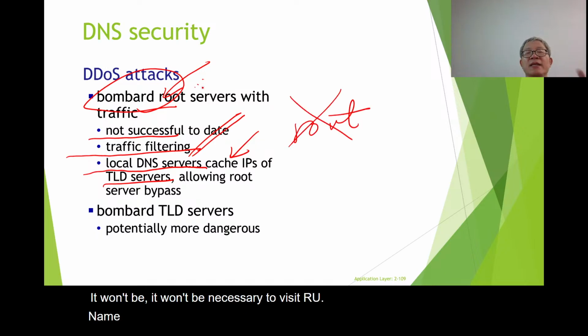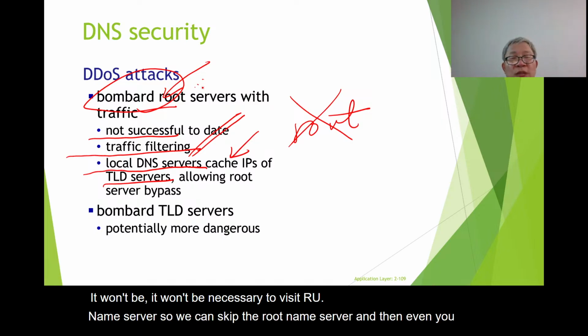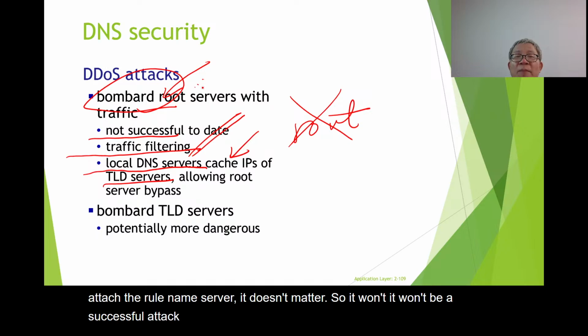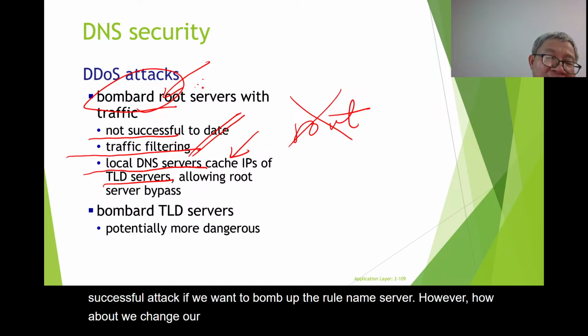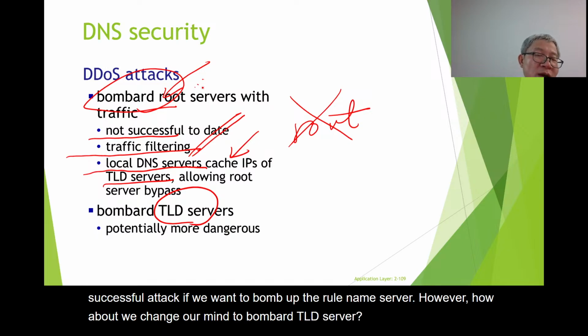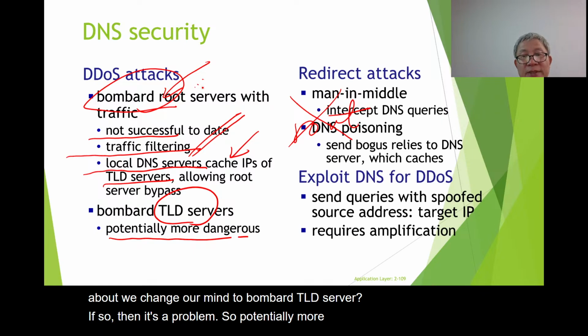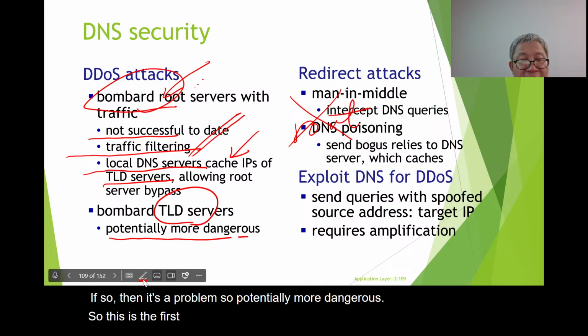So we can skip the root name server, and even if you attack the root name server, it doesn't matter. So it won't be a successful attack. However, how about we change our mind to bombard the TLD server? If so, then it's a problem. So potentially more dangerous. So this is the first one, DoS attacks.